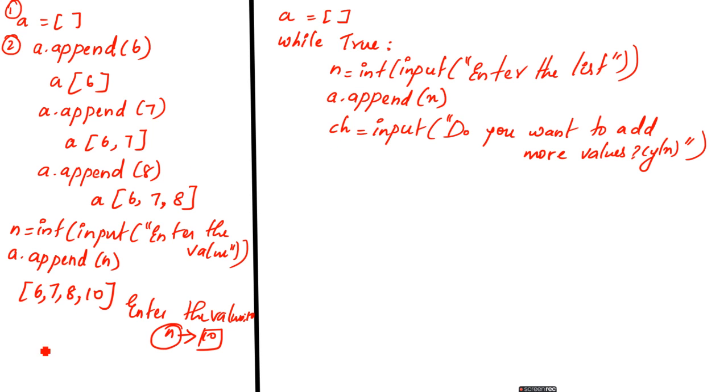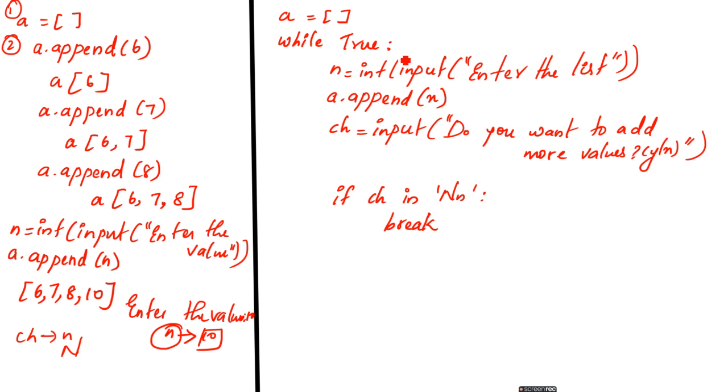If the value of ch is n or capital N, then we have to break. So in order to check whether the value of ch is small n or capital N, we have to create an if condition: if ch in ("N", "n"), then we have to break the loop.